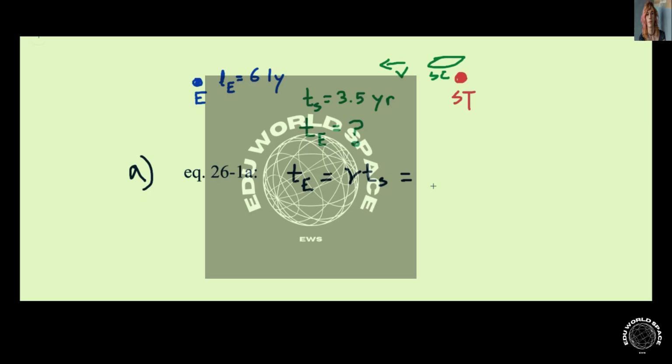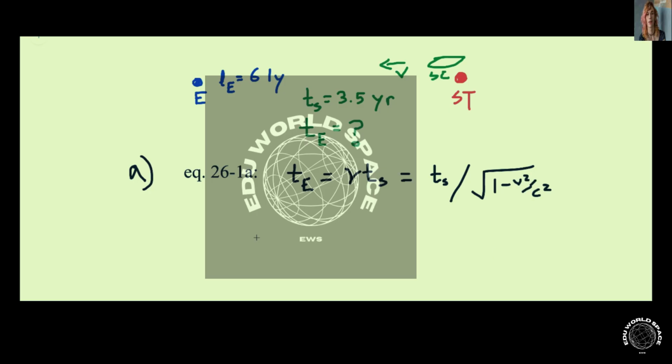Gamma is 1 over the square root of 1 minus v squared over c squared. So this is simply TS over the square root of 1 minus v squared over c squared.